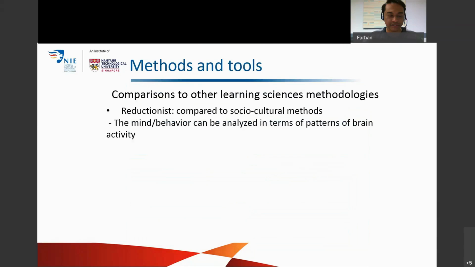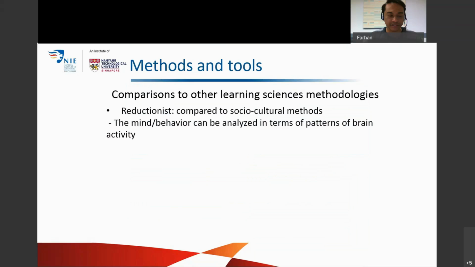So first, cognitive neuroscience is reductionist compared to socio-cultural methods. The premise is that the mind and behavior can be reduced to patterns of brain activity, while cognitive neuroscience acknowledges socio-cultural factors as important influences.